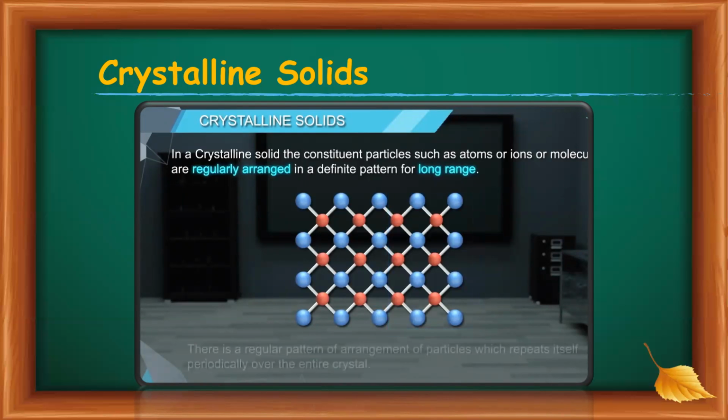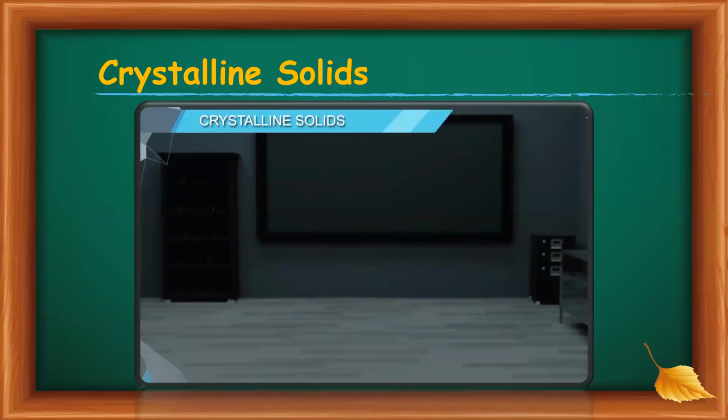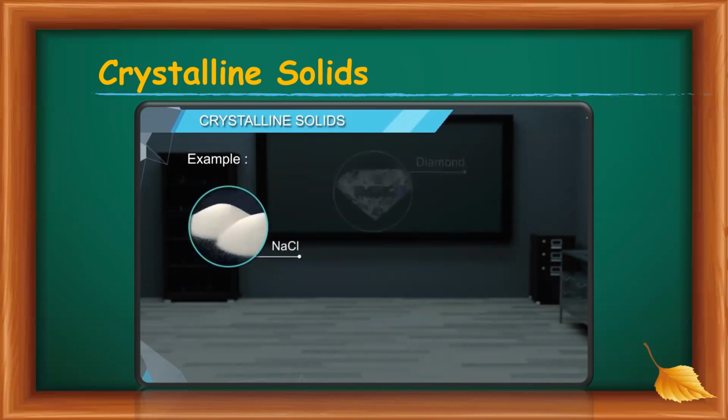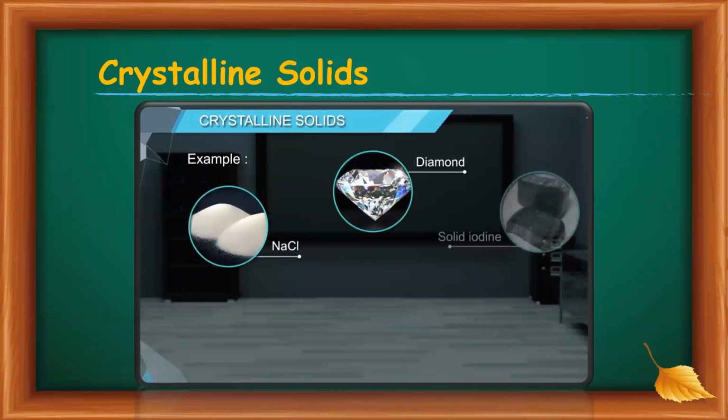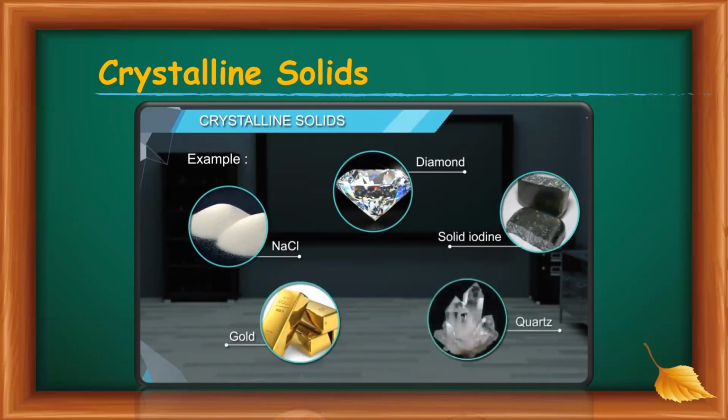In other words, there is a regular pattern of arrangement of particles which repeats itself periodically over the entire crystal. The examples of crystalline solids are sodium chloride, diamond, solid iodine, gold, quartz, etc.